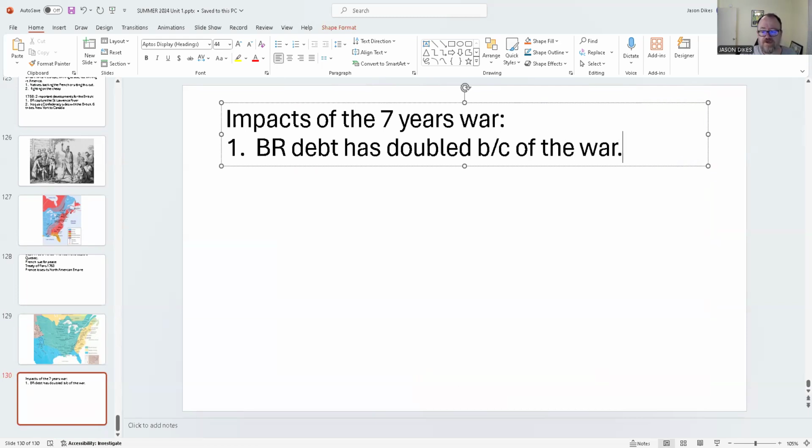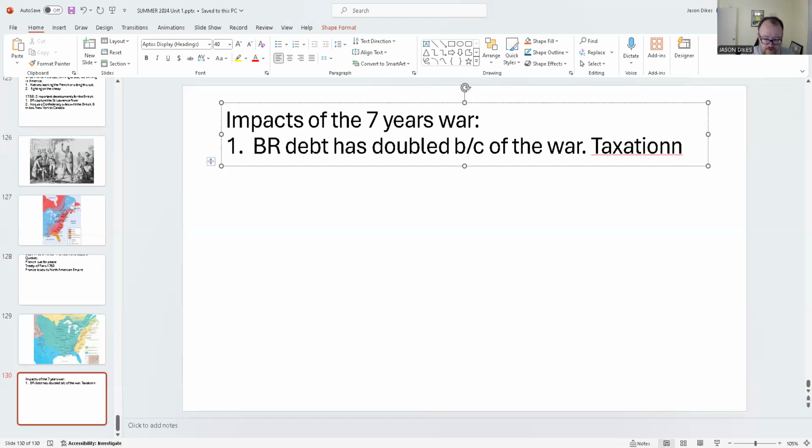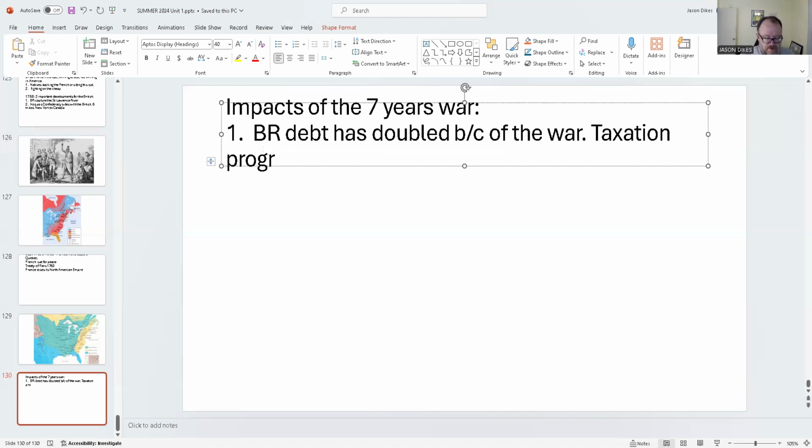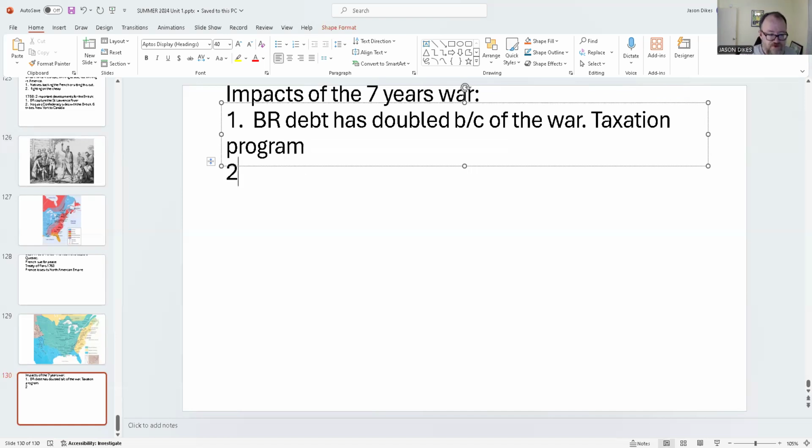And that is going to lead Britain to begin a new taxation program, which we'll look at in Unit 2. But Britain has some serious debts to pay off, and it is going to try and collect those debts from the Americans. And we'll look at how that goes in Unit 2.